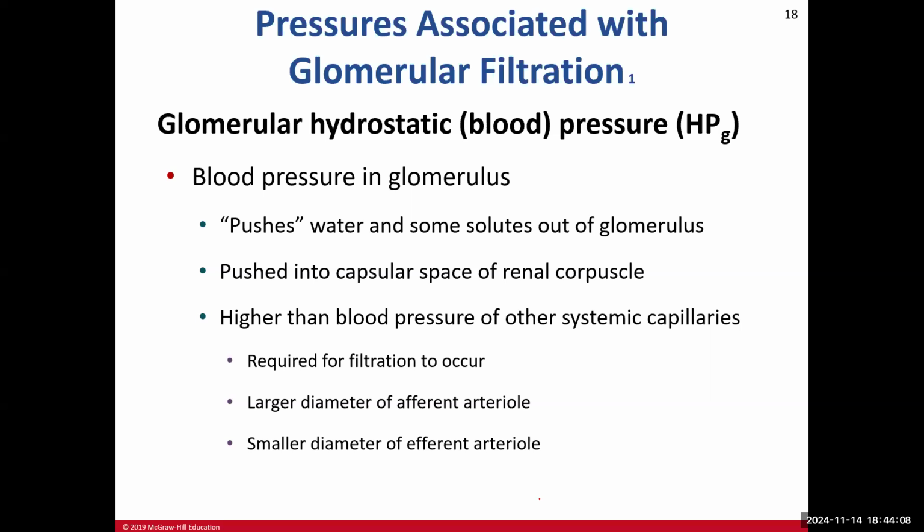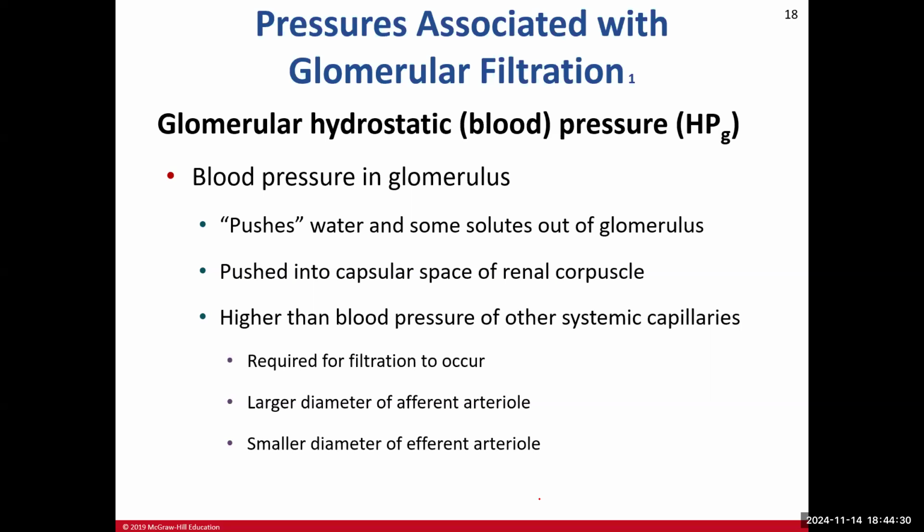Here we go. We're going to move on into blood pressure now. First of all, there's a couple different pressures that are associated with what we call glomerular filtration. Glomerular filtration, you tell me what that is. Well, what's the glomerulus? Capillary, the loop of capillaries.